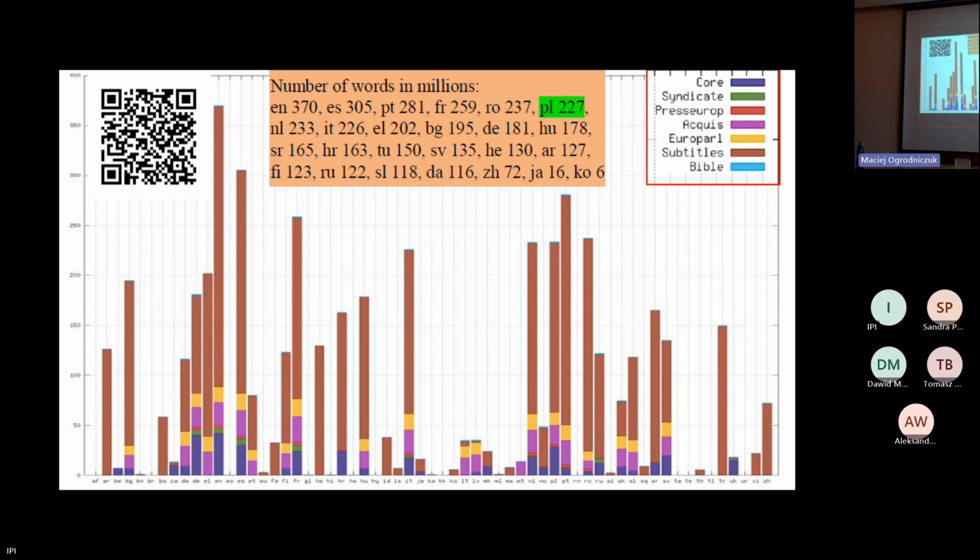These are all the languages. Even me, I can't read anything here, but you see how unbalanced it is. Yeah. So the brown bars are the subtitles. Yeah. The blue parts are the core.